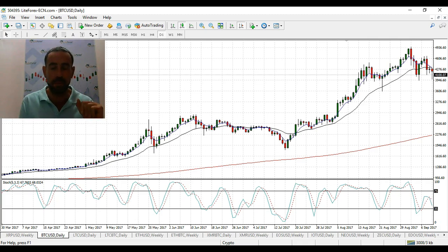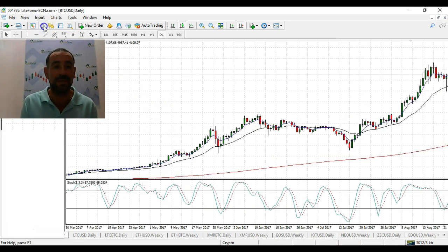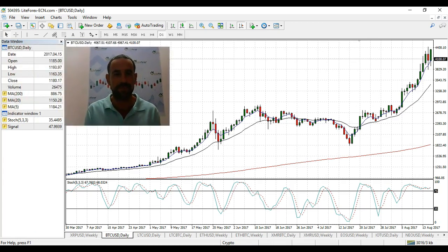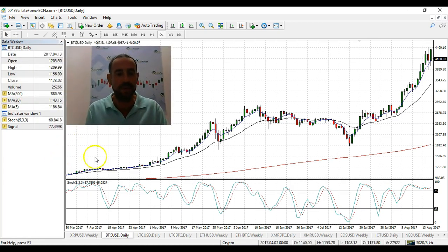Another important tool that we will need to use here is the data window. Let's take a look at that. The data window will give you an accurate analysis. Whenever we're using numbers, and we're using numbers here pretty often, we're going to use the data window to give us the exact values by which we make decisions.